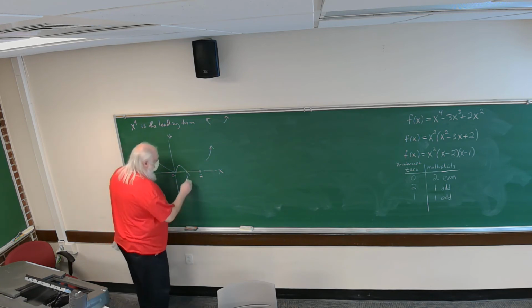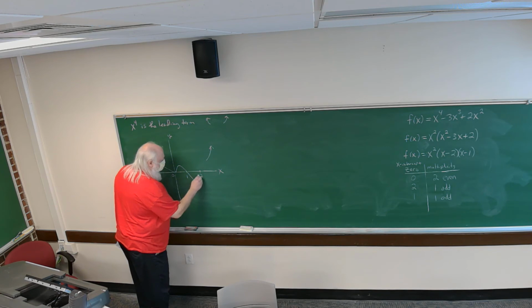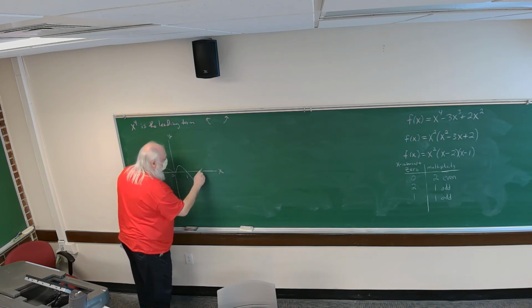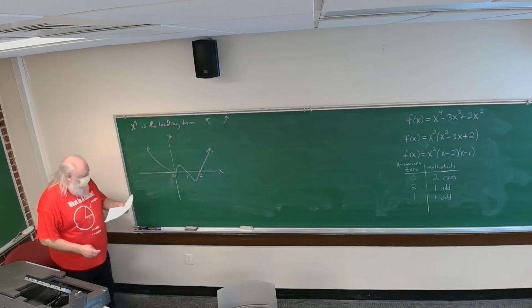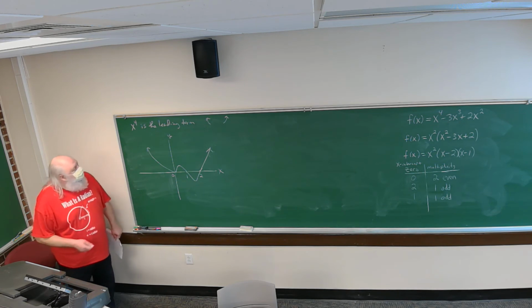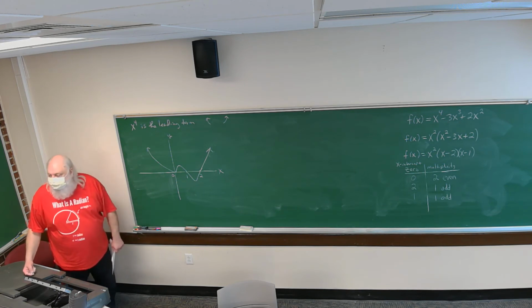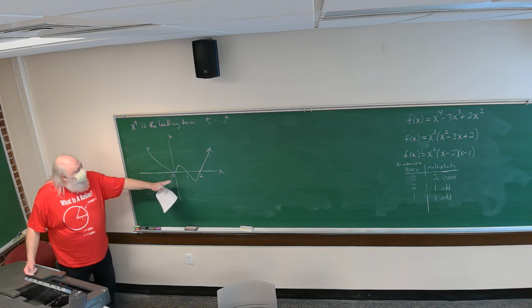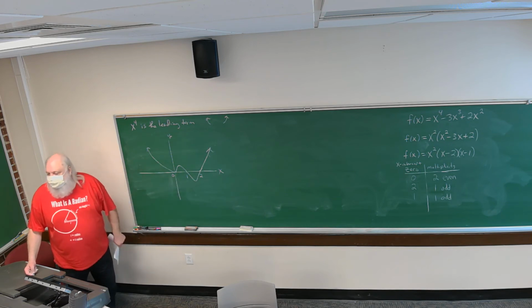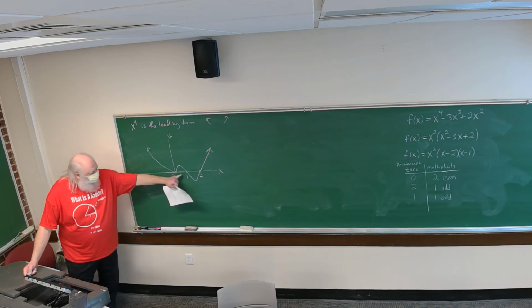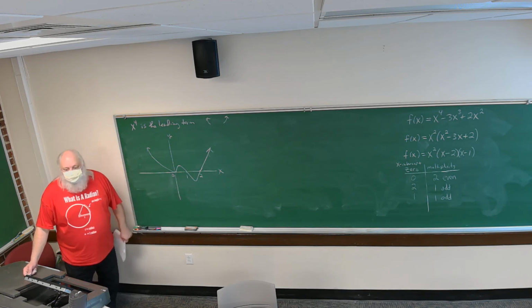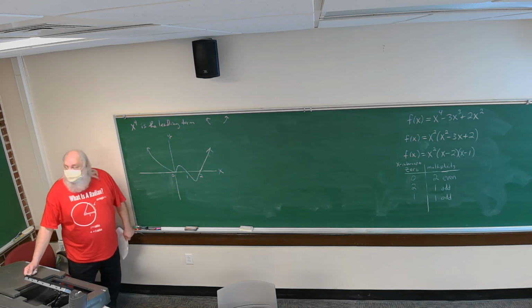And so the graph's going to have a turning point between 1 and 2, and then come up and cross at x equals 2. Okay? And so that's a crude approximation to the graph of this polynomial function. We got the end behavior and the behavior at each of the x-intercepts, which are also called zeros, because the value of the function is 0 at the x-intercepts. Okay. Are you with me?